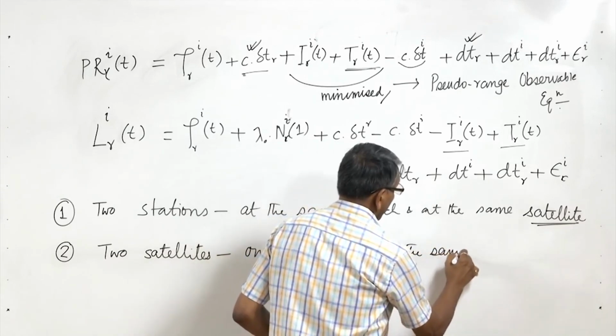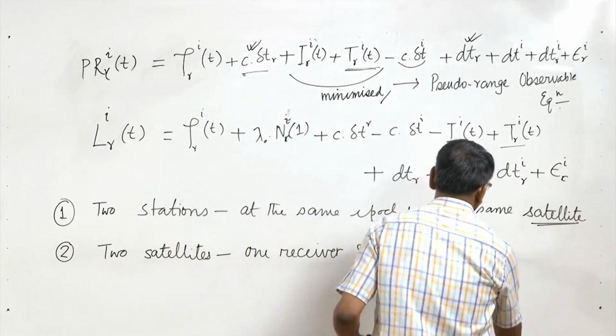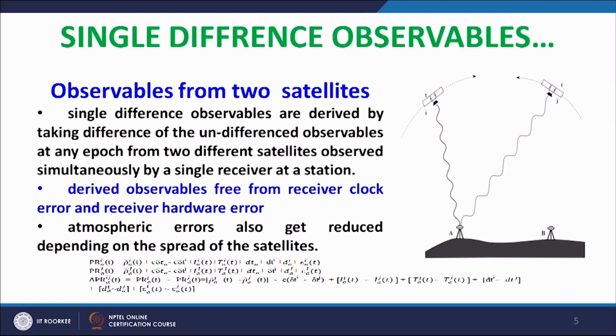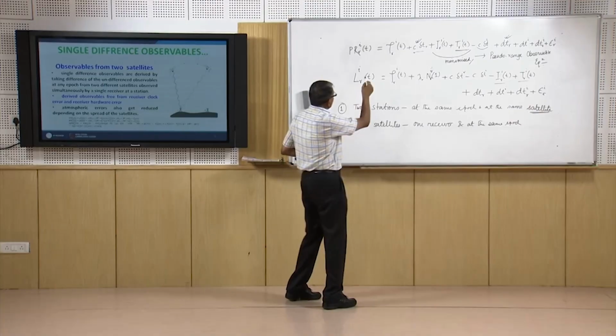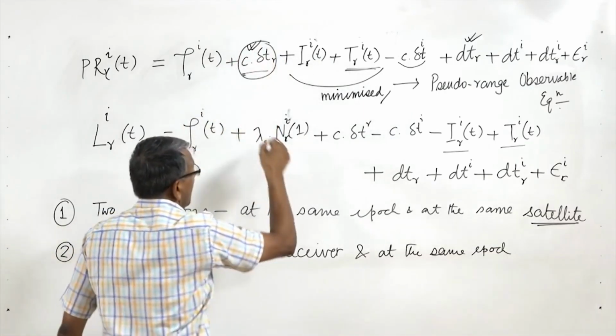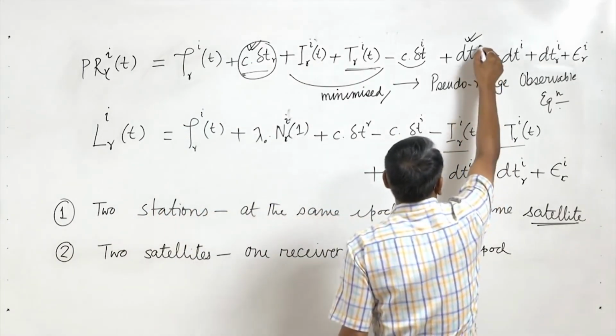The time of arrival of the signal is the same and the receiver is the same, so it is expected that the error arising due to the receiver will be identical for each observable, and if we take the difference then those errors will cancel each other. Now if we look at the pseudo range observable, this is the receiver clock error, and this is the receiver hardware error.